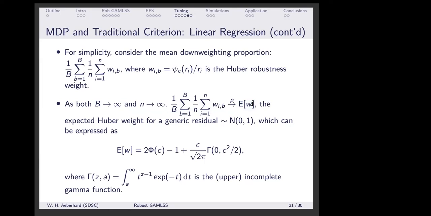Here, the expectation is taken for some generic weight, which is based on a residual that just has a normal 0-1 distribution. We can compute this expectation explicitly. It's this formula down there. Again, it involves the standard normal CDF, the tuning constant C, and there is also this incomplete gamma function. No big deal. We can evaluate everything numerically right away.